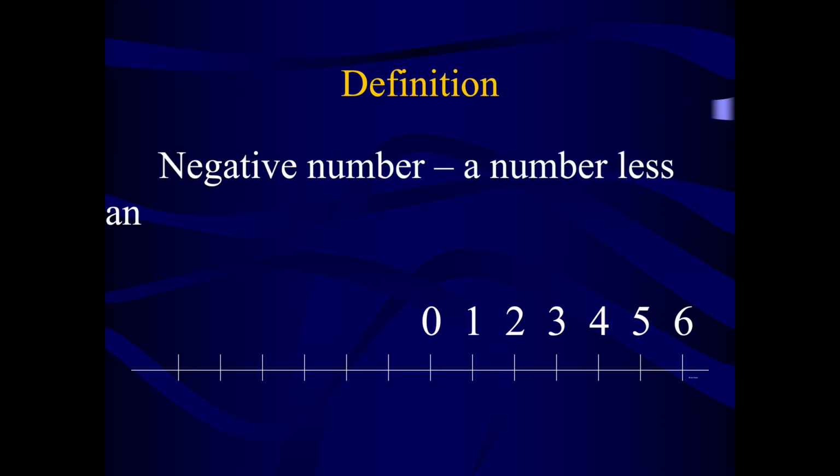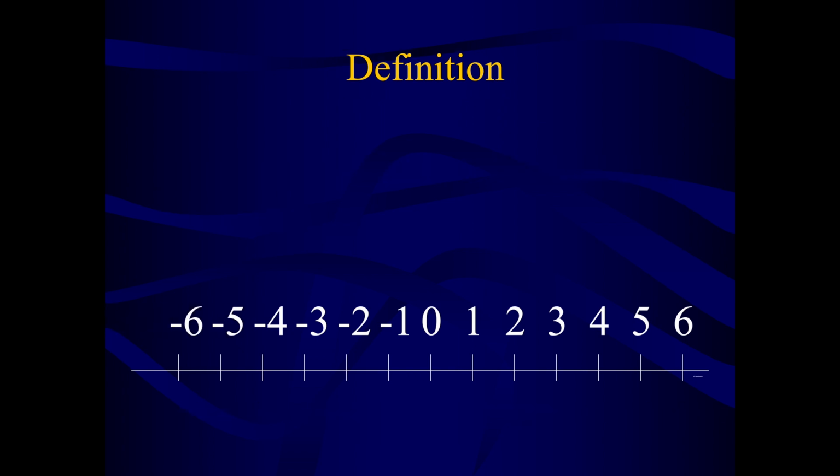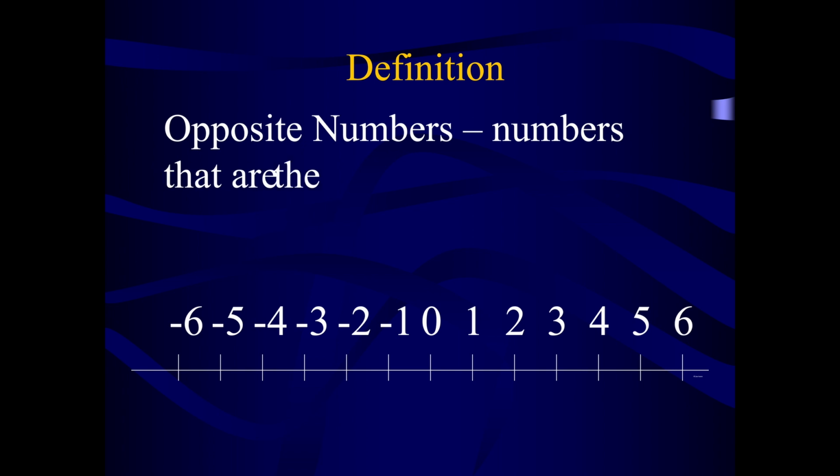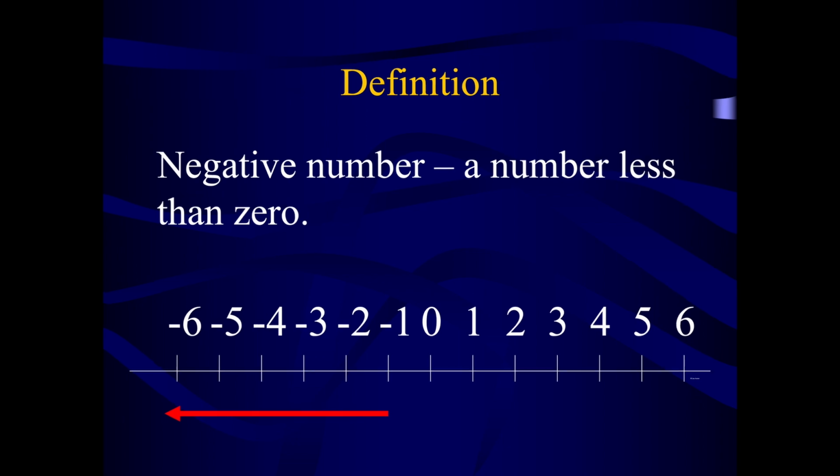Negative number, a number less than 0. Here we have the negative numbers, -1, -2, -3, -4, -5, -6, and they're on the left-hand side of the 0 on the number line.